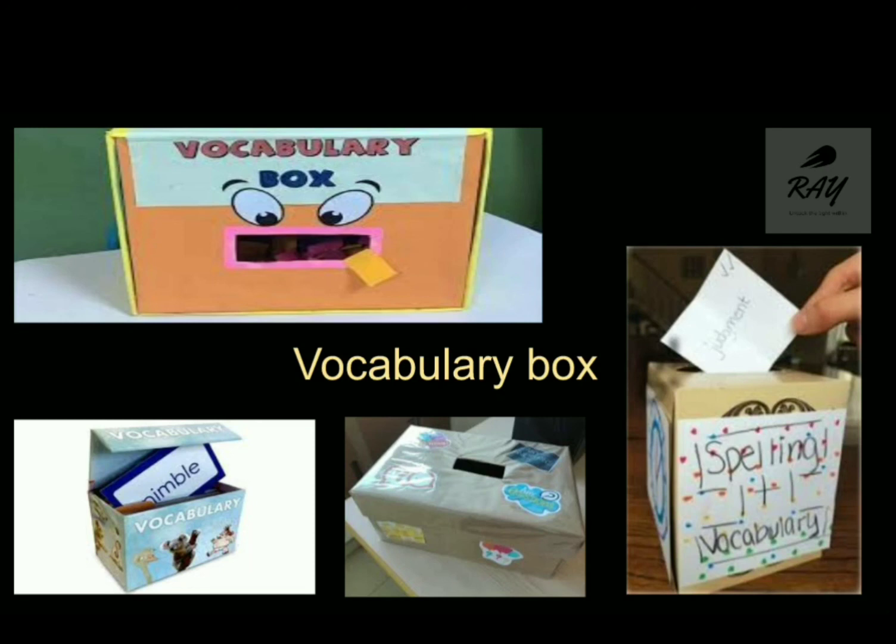So whenever the child comes across any unknown or new words, he can write them down and drop them into the vocabulary box. Okay, and once a week, or daily, we could open up the vocabulary box and check what the new words are and what their meanings are, and that could be incorporated into your reading program. Okay, and these are some of the interesting activities to engage and enhance the reading habits in your little ones.